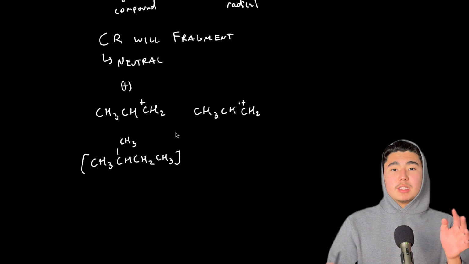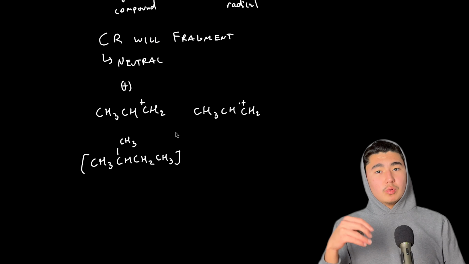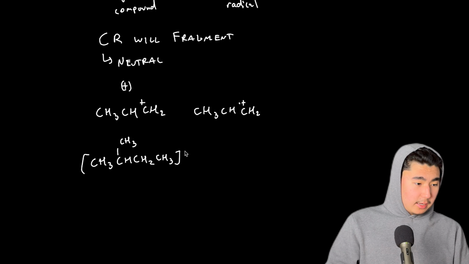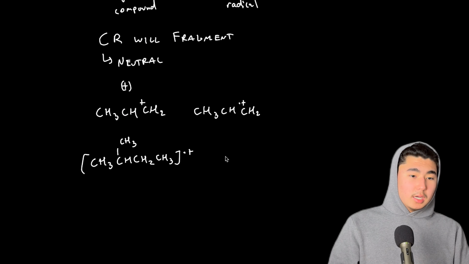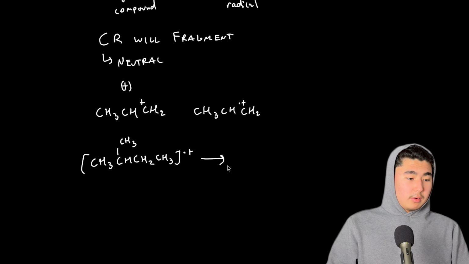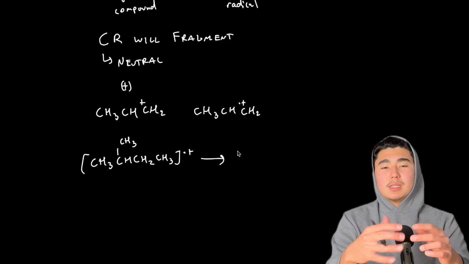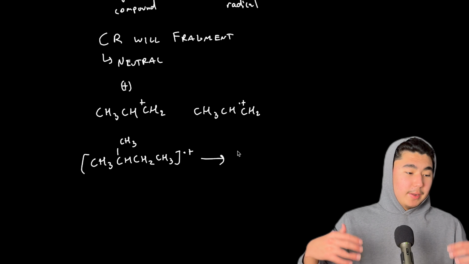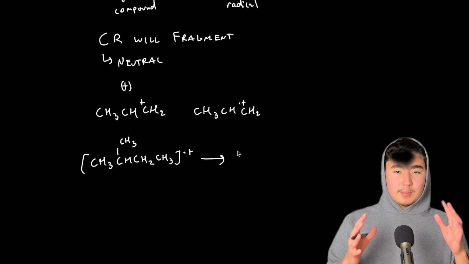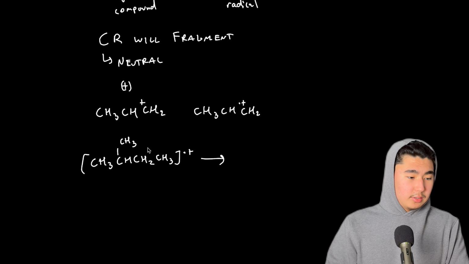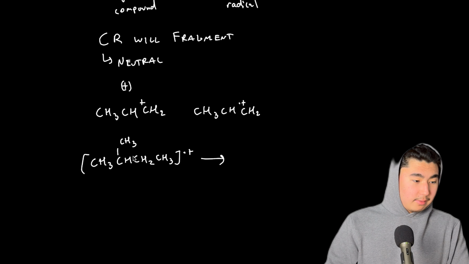We have to put those brackets because we don't know which bond will lose that electron. So we're going to have our radical over here with a plus, and our fragments. I'll show you a graph of mass spectrometry, but just to show you where that fragmentation occurs, it could occur right here at this bond.